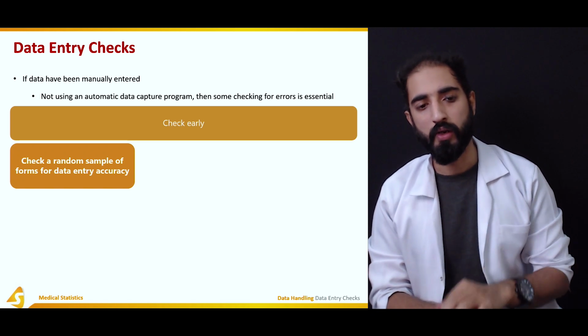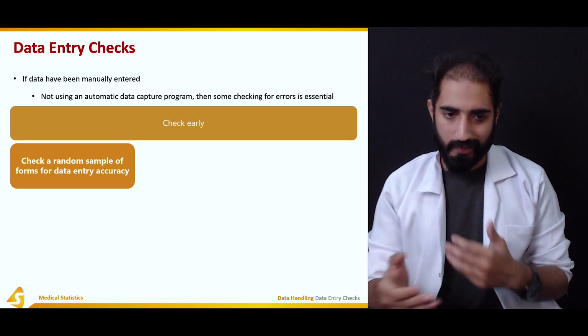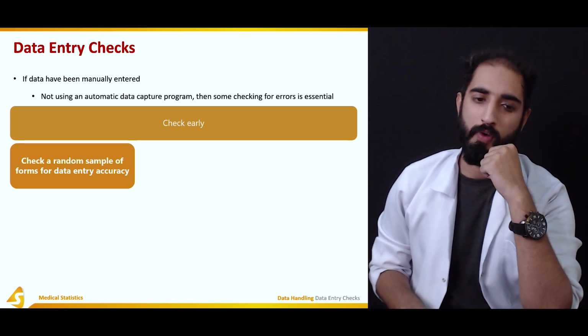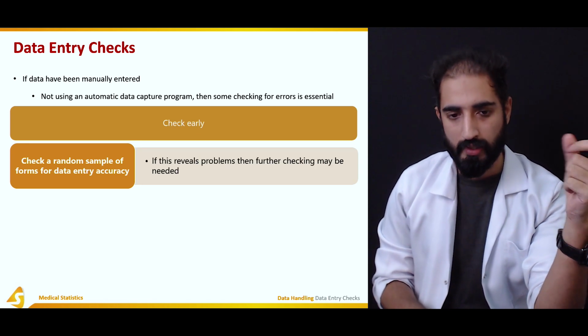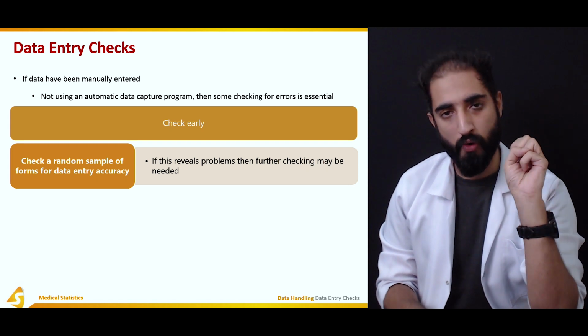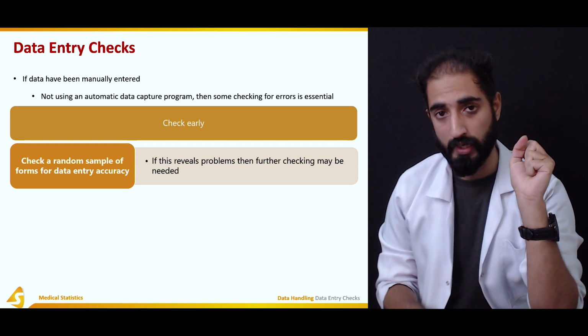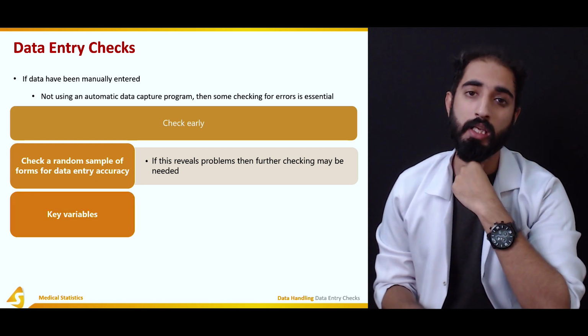Check a random sample of forms for data entry accuracy. So just select a few random samples of forms and check if the data entry is accurate. And if this reveals any problem, then more extensive checking of other forms and subjects is needed. Key variables.